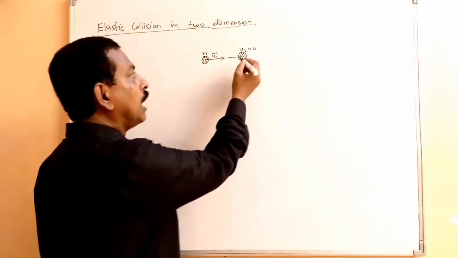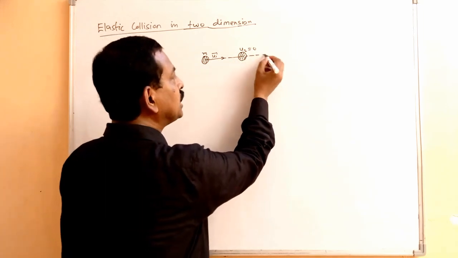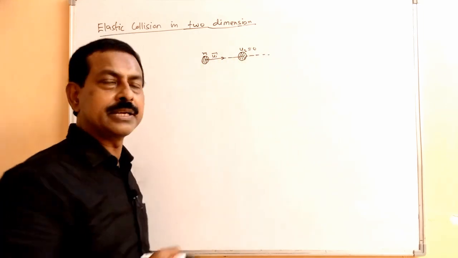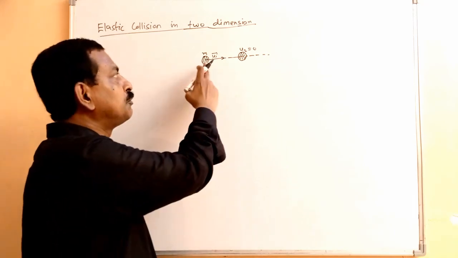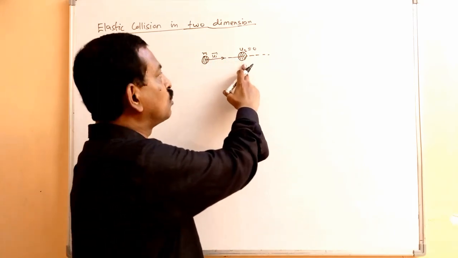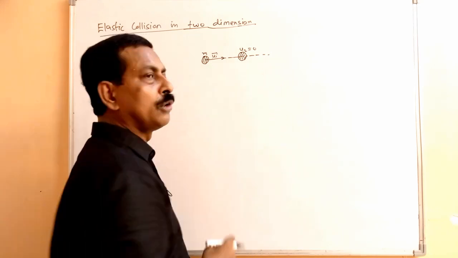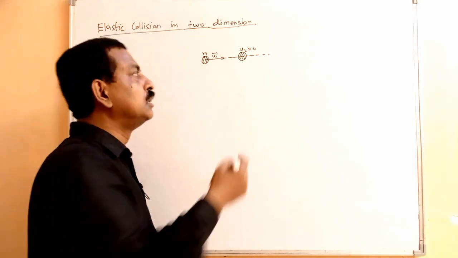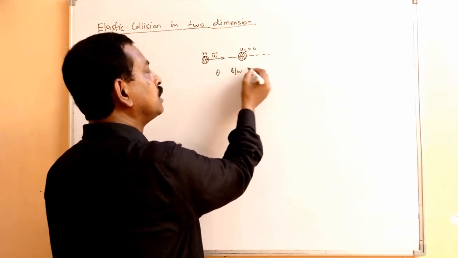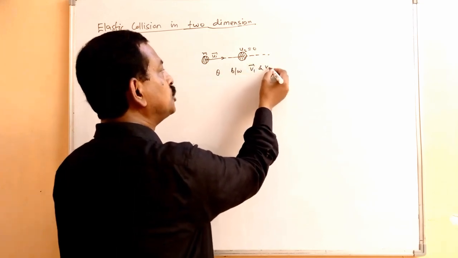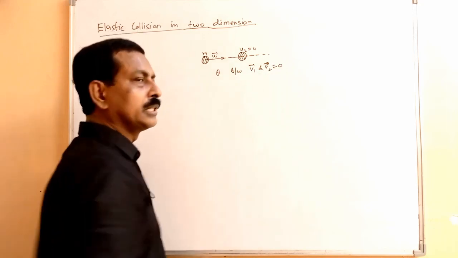Here we know that if it is moving exactly along the same straight line, or it is a collision in one dimension, then the first body will come to rest after collision and the second one will move with the velocity of the first one. So there the angle theta between v1 and v2 will be 0 degrees.